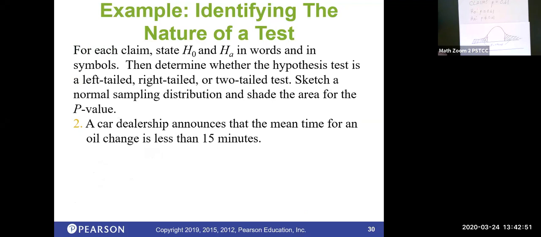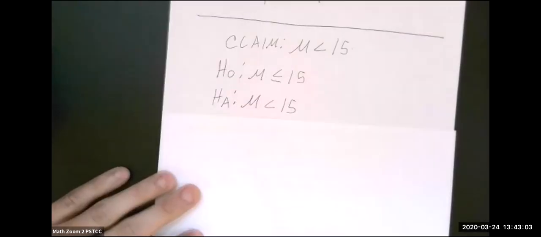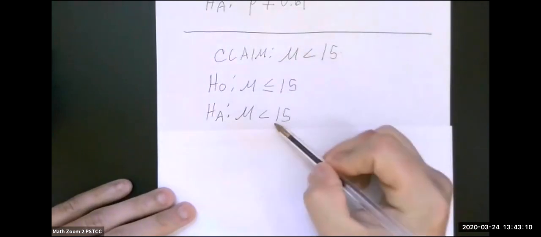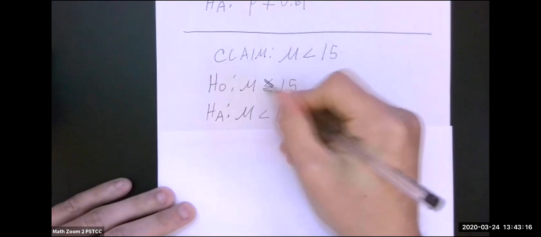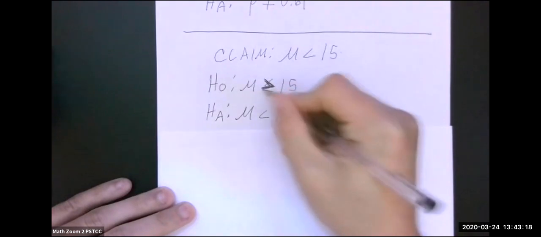Here, with the car dealership example, the claim was less than. There was no equality there, so we put that in the alternative. So the, I messed this up. This needs to be greater than or equal to.